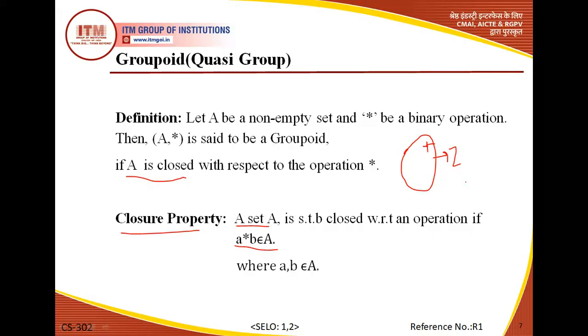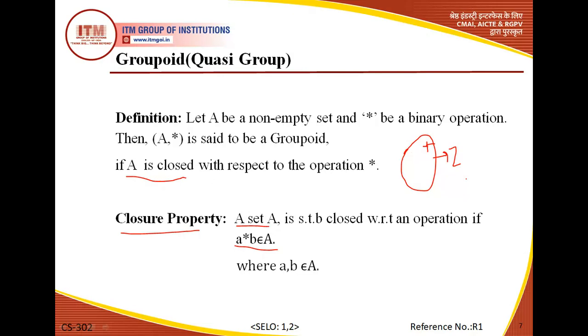So for a set to be closed under an operation, for all the elements that you choose, the answer after the operation should lie in this particular set only. Then only the set is known as closed under that particular operation.